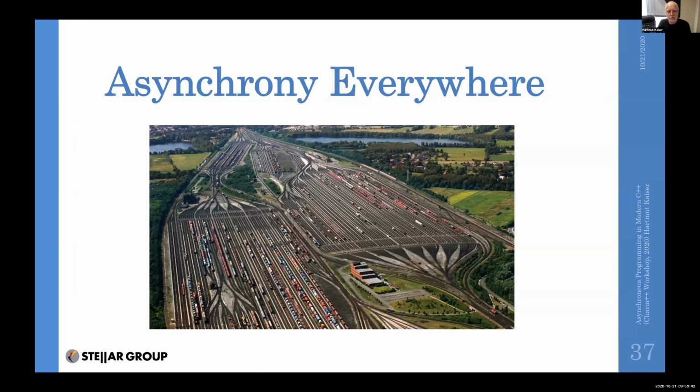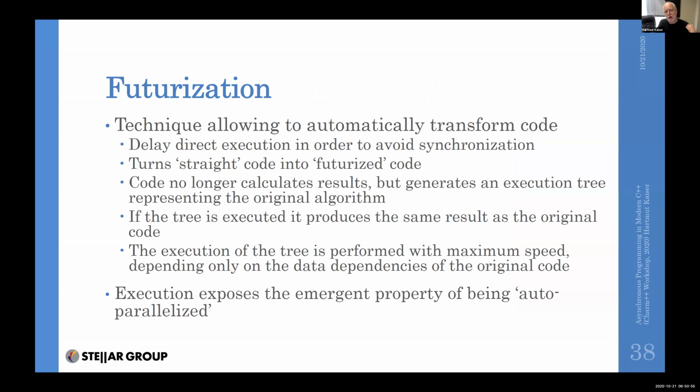So as we have seen, there are many ways to add asynchronous execution to our applications. And to recap, I have introduced a technique we call futurization that allows us to almost automatically transform code by delaying the direct execution in order to avoid synchronization.